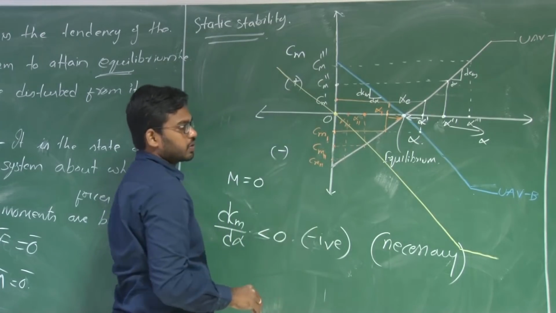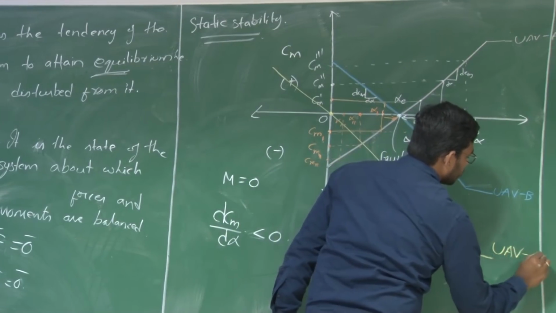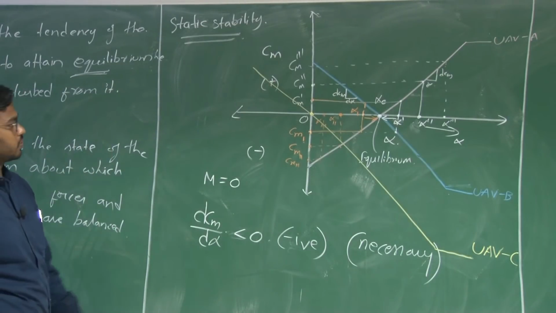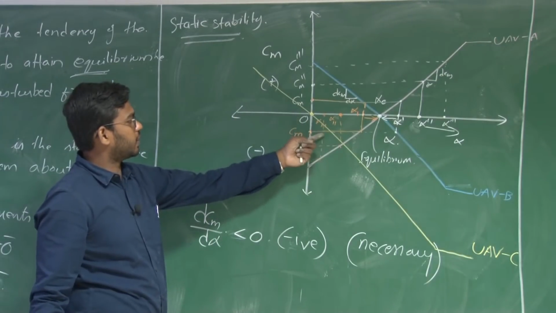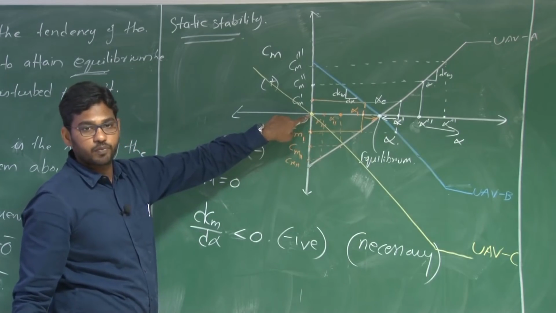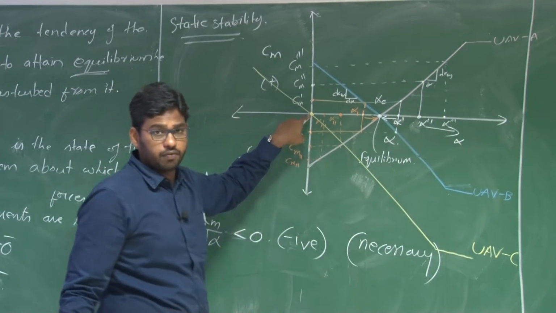This is your Cm versus alpha. So this is UAV C, right. This is the third UAV, okay. So still, even in this case, say this is your equilibrium here, that means you are trimming your aircraft at alpha equal to 0 angle of attack.